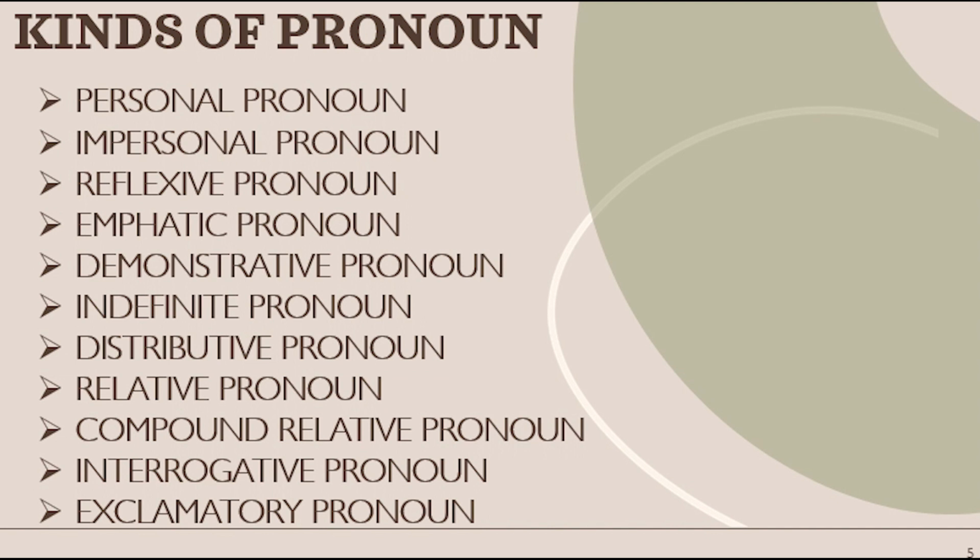For example, we are not responsible for the students, whatsoever happens. So whatsoever here is a compound relative pronoun. Whoever comes to the party is welcome. So whoever is used as a compound relative pronoun in this sentence.